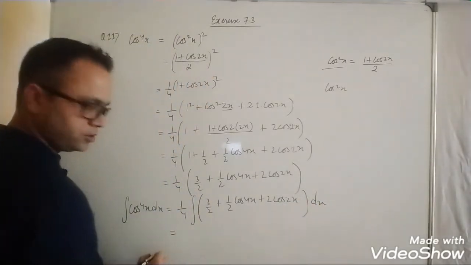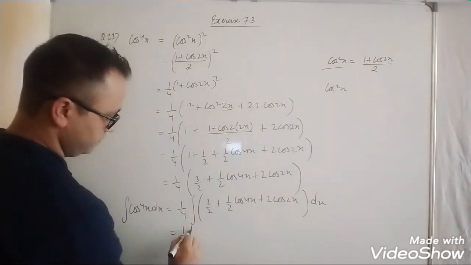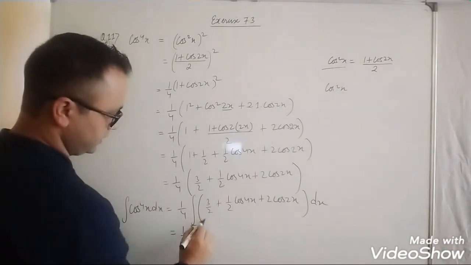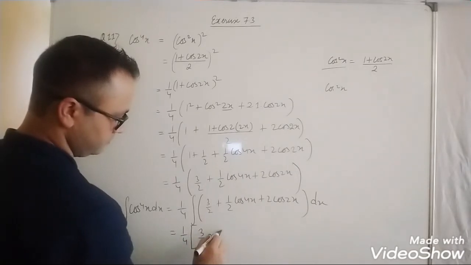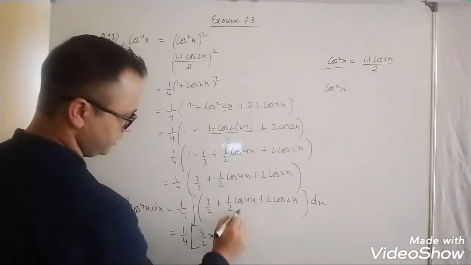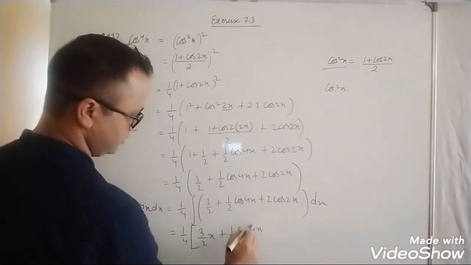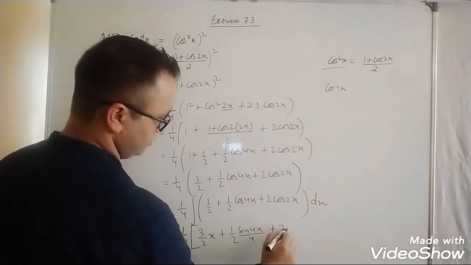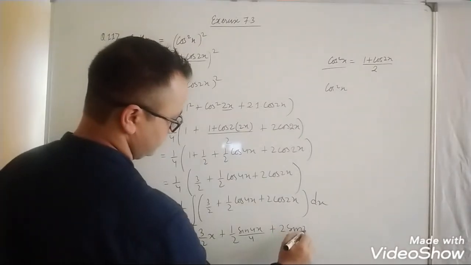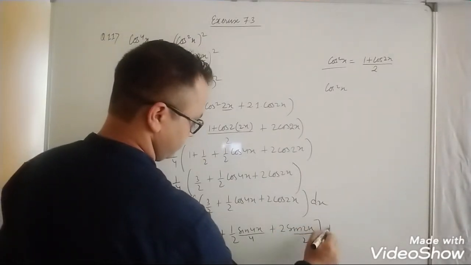The integration of 3 by 2 dx is 3 by 2 x, plus 1 by 2, integration of cos x is sin x, but it is 4 here, so sin 4x by 4, plus 2 sin 2x by 2, plus c.